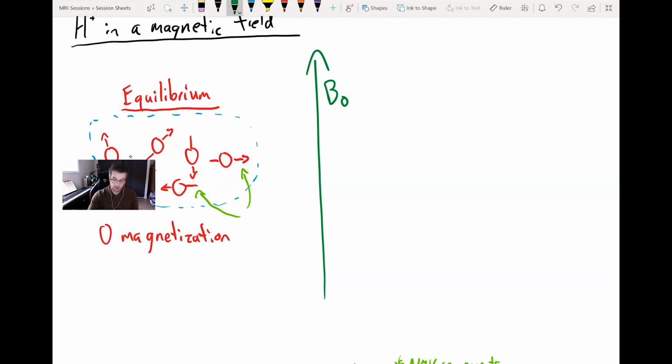And when you have these hydrogen atoms in a magnetic field, I'm just going to put in B0, the individual magnetic fields of hydrogen atoms are influenced by the strong magnetic field, and they tend to align either with or against the magnetic field. So I'll draw these 6 hydrogen atoms again in slightly more geometric alignment.